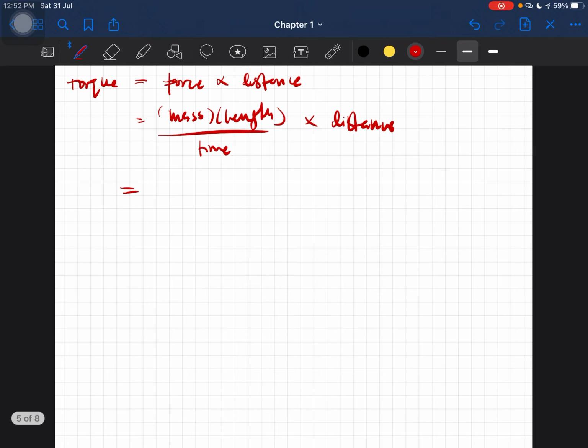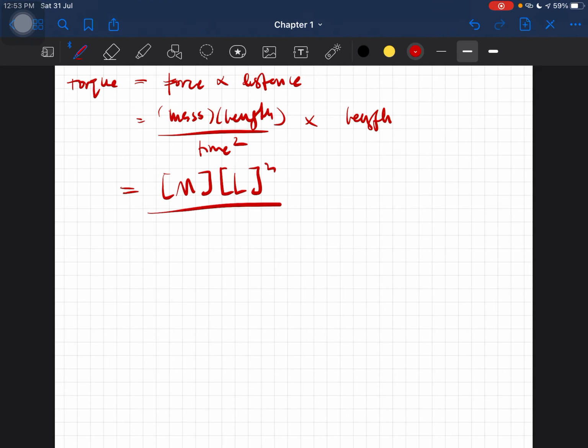So is it the time squared? Yeah. Right, so we have m, sorry, we have to change this into length, okay, so we are using length this time. So we have m l square over t square.